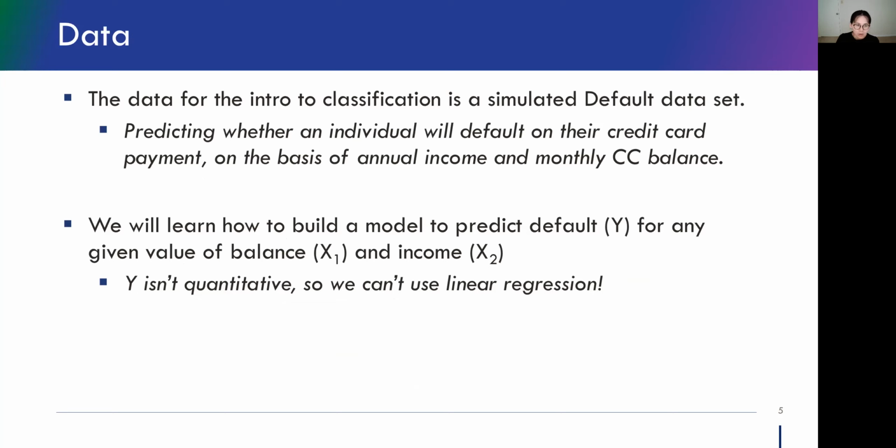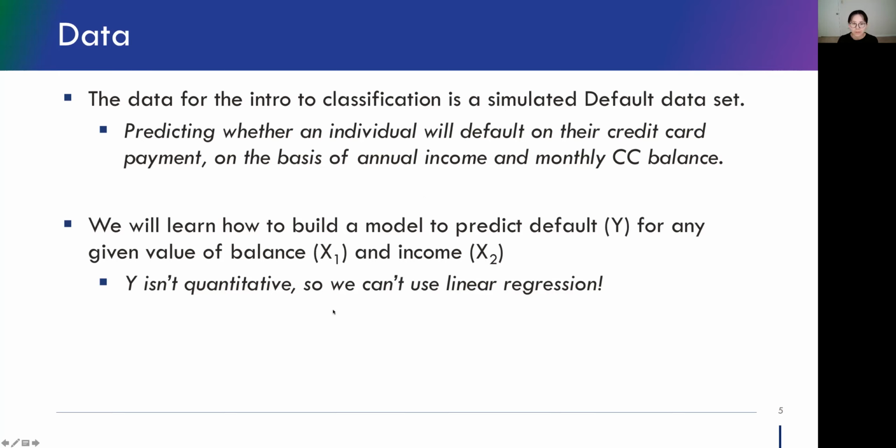The data for the intro to classification that we will use across this lecture is a simulated default data set. We're predicting whether an individual will default on their credit card payment on the basis of annual income and monthly credit card balance. We know the balance and we know the income, and we try to predict whether this person will default or not.